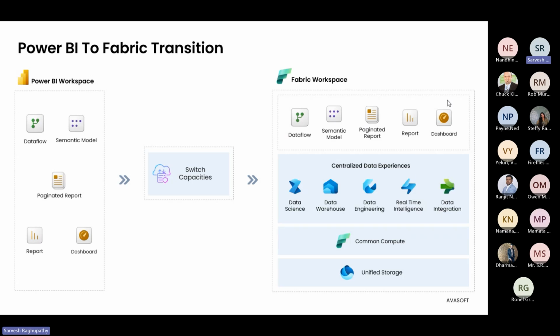If you go through a manual process, you'd have to go through the tedious process of taking a manual inventory, which we'll touch upon in detail on further slides down the line. And you'd have to switch licenses for all of those workspaces from your existing Power BI licensing model to your Fabric licensing model, configure capacities for each of those individual workspaces, and make sure it works the way it's intended after the licensing switch is done.